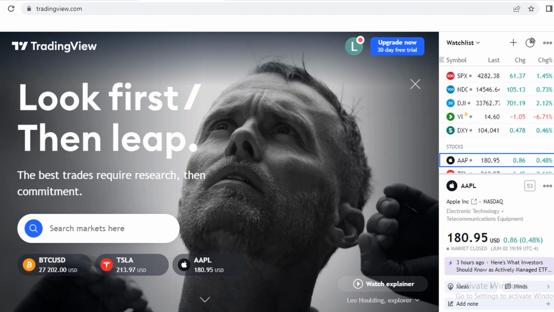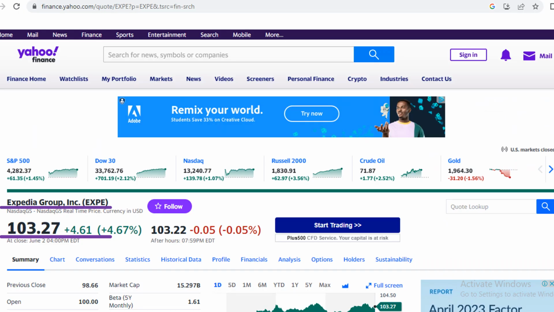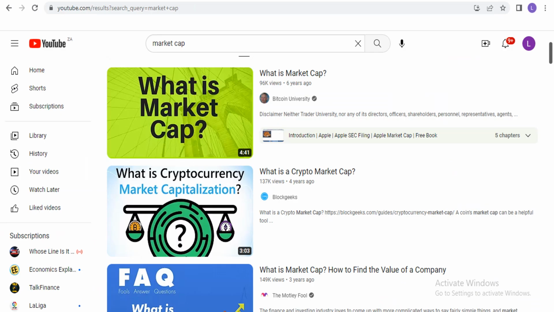Now all these sites are complementary to each other, so move in between them. If there is something you don't understand from Yahoo Finance, search it on YouTube or Google it. For example, you see market cap. This is for Expedia Group that has a share price of $103 per share. So you don't know what market cap means.